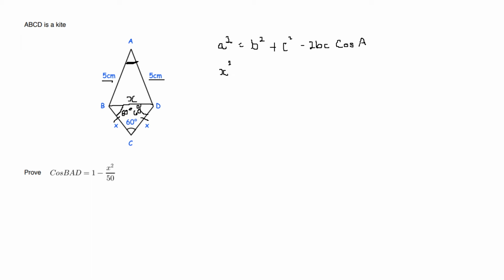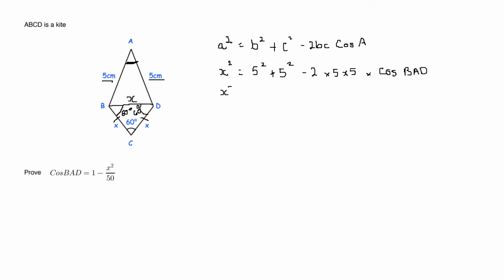So I'm going to substitute this in. So I'm going to have x squared equals, B and C are both equal anyway, so it's going to be 5 squared plus 5 squared minus 2 times 5 times 5 times cos BAD. And then let's simplify that.